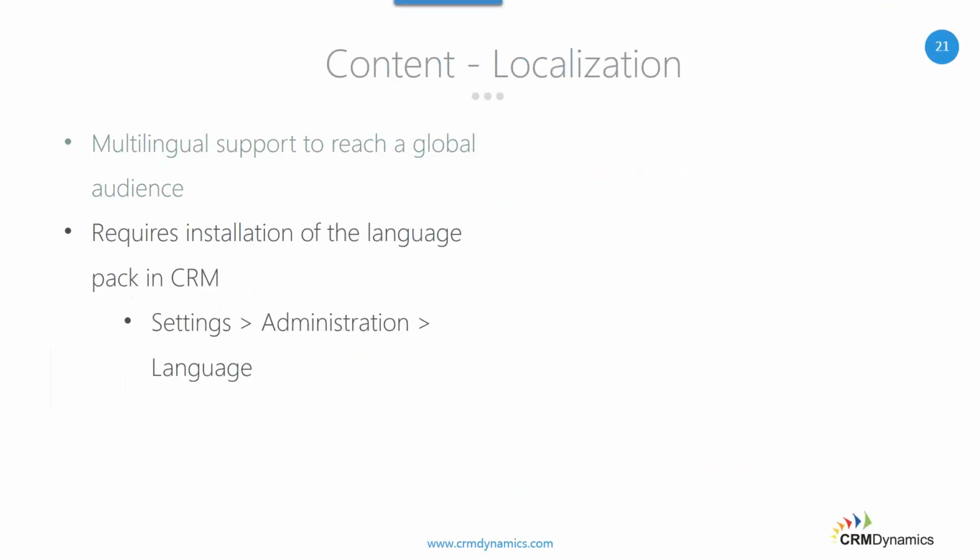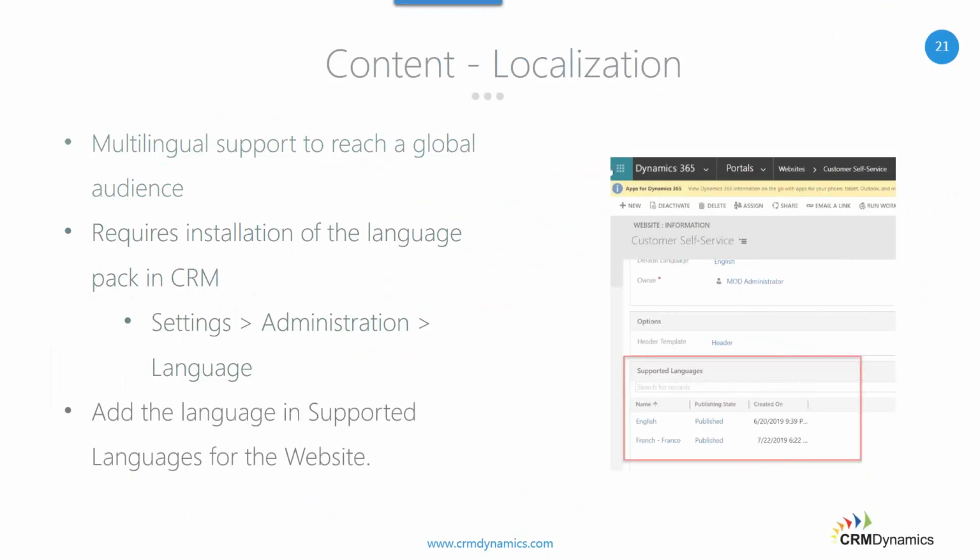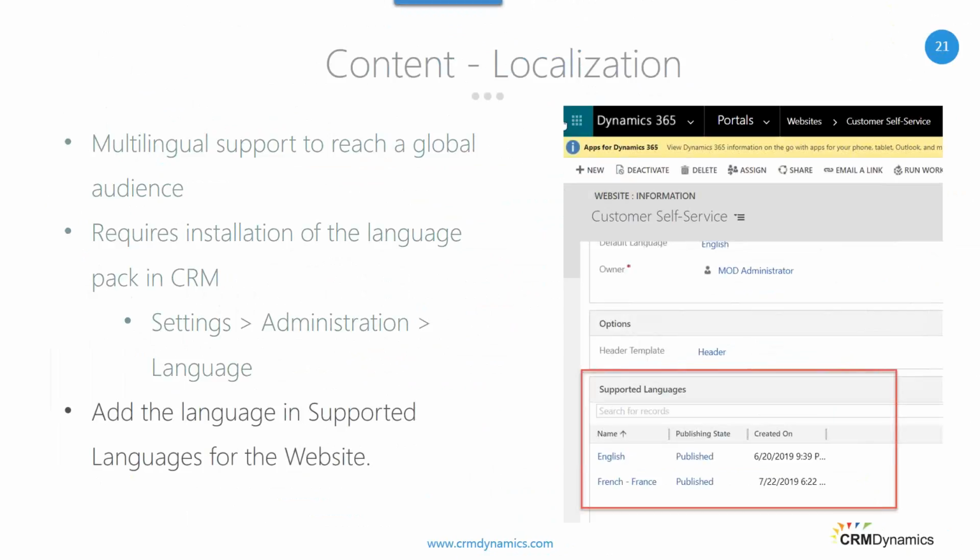So the first step would be to verify that you have the language pack installed in CRM. And then you can find this under Settings, Administration, and then Language. Next would be to add the language under Supported Languages for the website. Then there you go. You now have localization support for your portal.